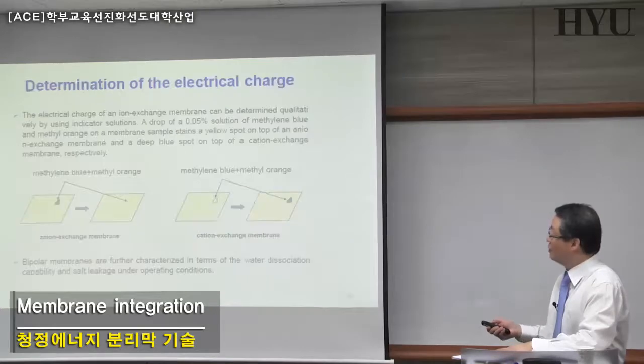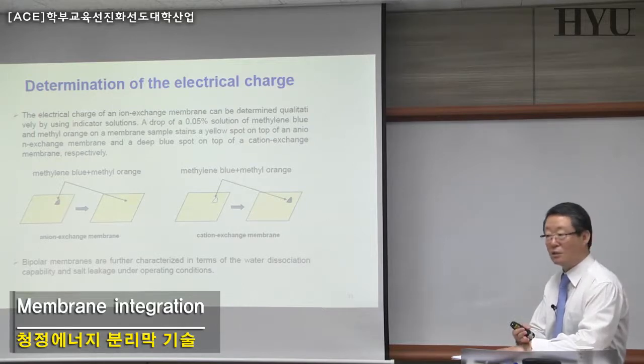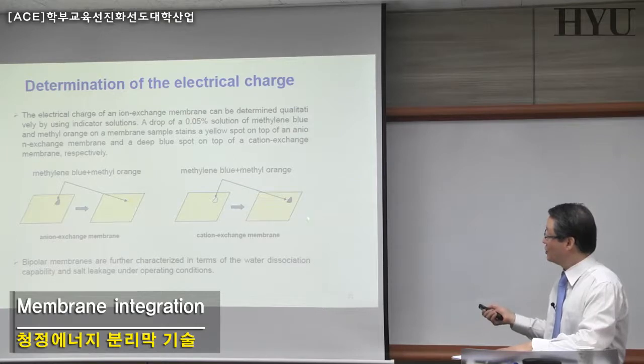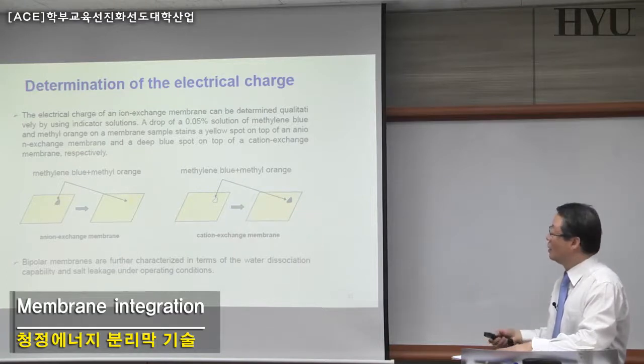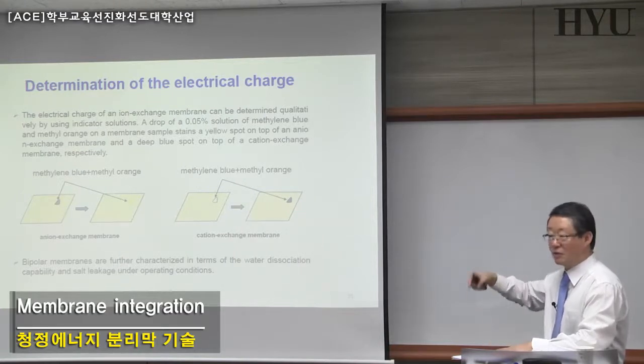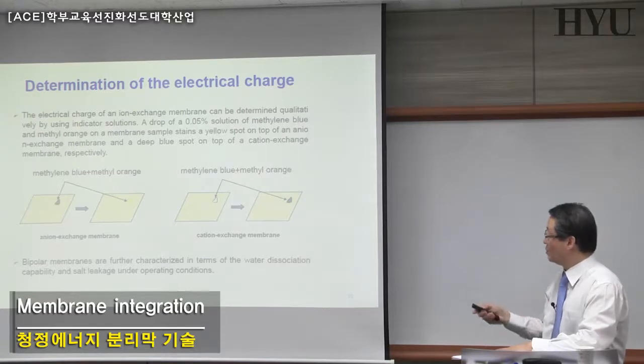Well, if you look at the surface of this stained membrane, it means that if you have any color changes, colors such as yellow or blue spread on top of your membrane, you may find some defects, some pinholes, if there is no color change.